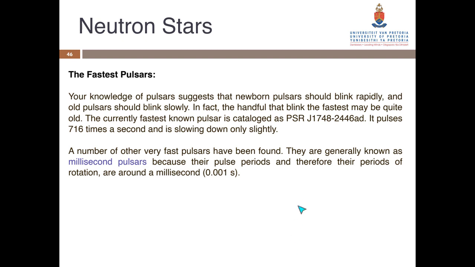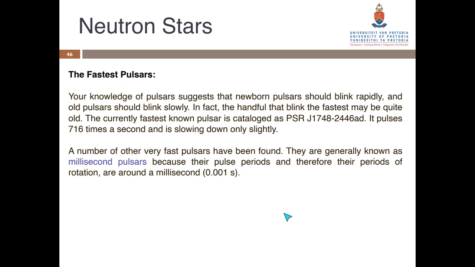But the last thing we have about pulsars and neutron stars is very, very fast pulsars. Theory suggests that newborn pulsars should blink rapidly and old pulsars should blink slowly. In fact, a handful of the fastest may be quite old.